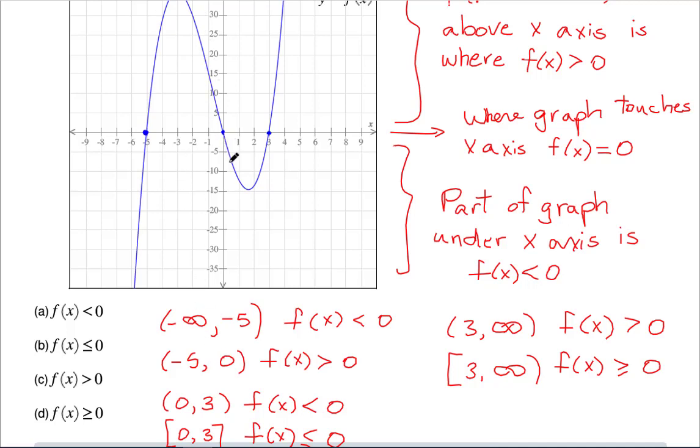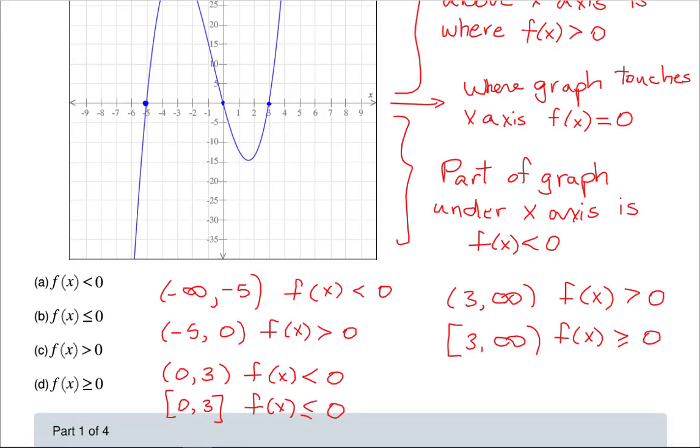And then from 0 to 3, on this piece, the graph is under the x-axis, so f of x is less than 0. Now, if we want to include the 0 in the process, so this is f of x less than or equal to 0.